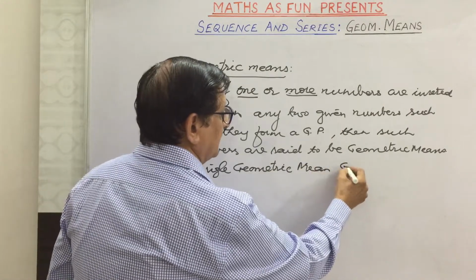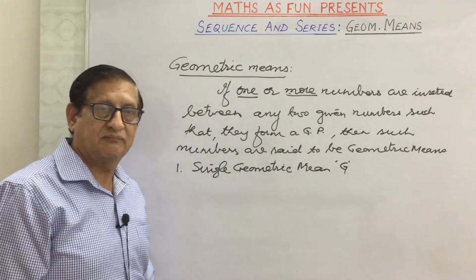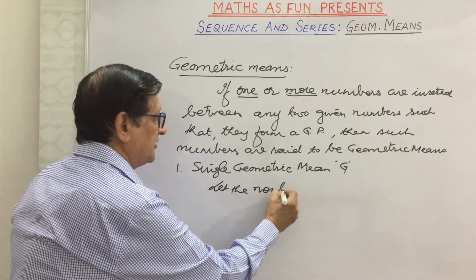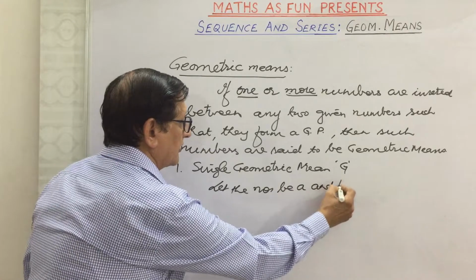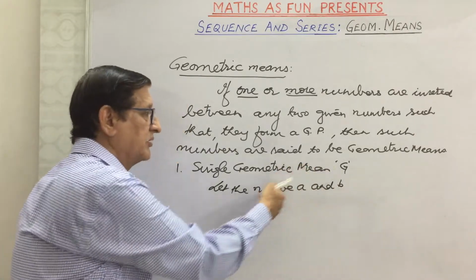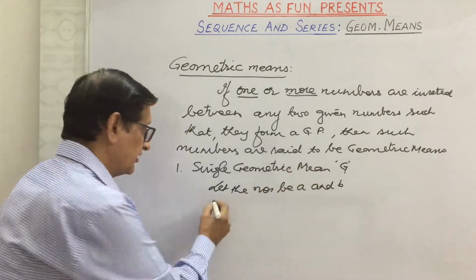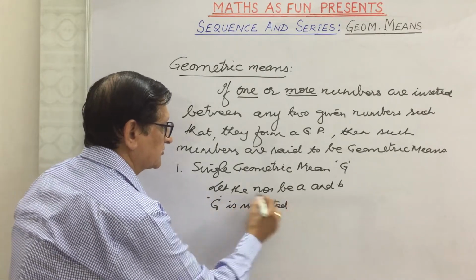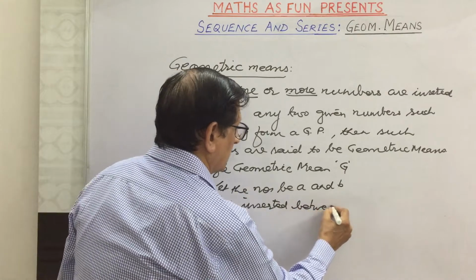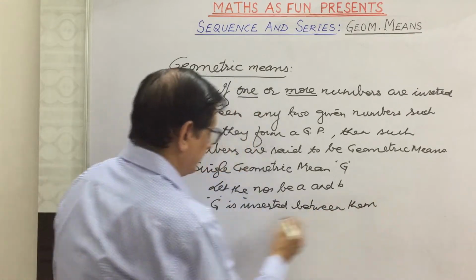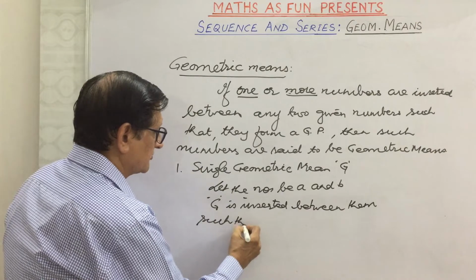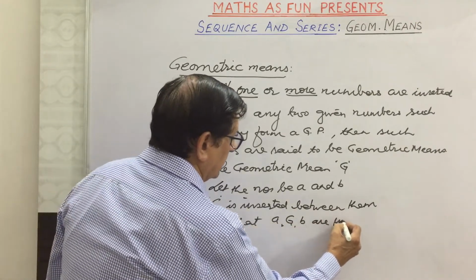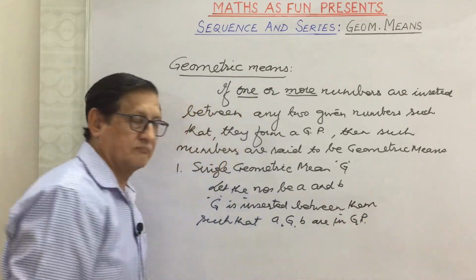It is represented by capital G. Let the numbers be A and B, and G is the number inserted between them such that A, G and B are in GP.